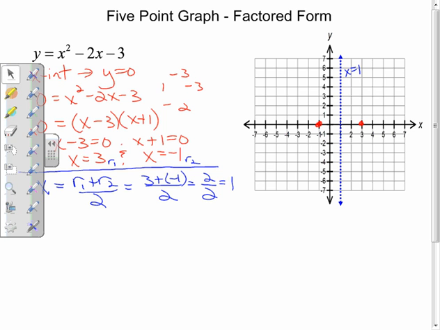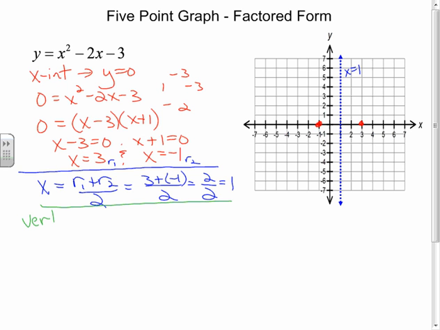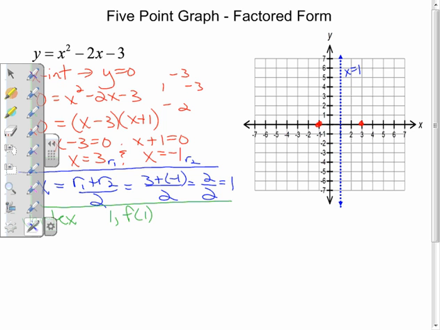Continuing on, I'm going to find the vertex now. The vertex is pretty simple. The vertex is a point, and it's going to be of the form 1 comma f at 1. And how do I know this? Well, I know that the vertex is somewhere on the axis of symmetry line. So I know its x value will be 1.